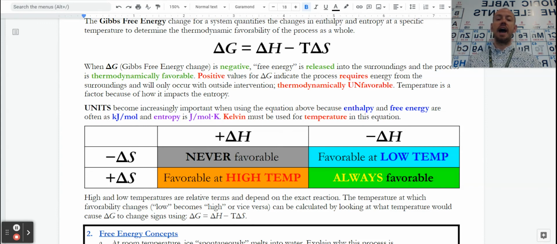Whenever I have a positive delta S, so this row right here, that means I have a positive change in entropy. The entropy would be driving the reaction. So I can have a system where only enthalpy drives it, where only entropy drives it, or where both of them drive it. And we want to be able to understand this mathematically, conceptually, and comparatively as well.